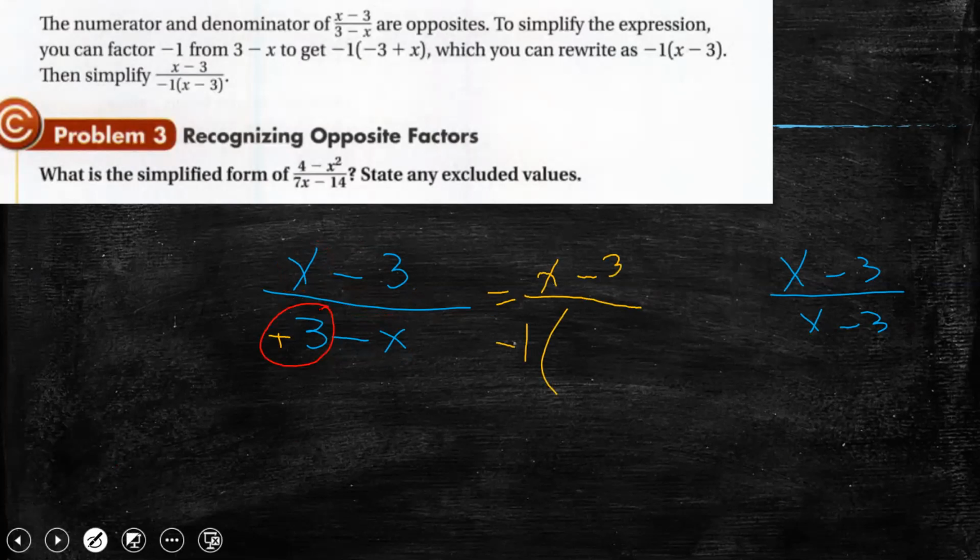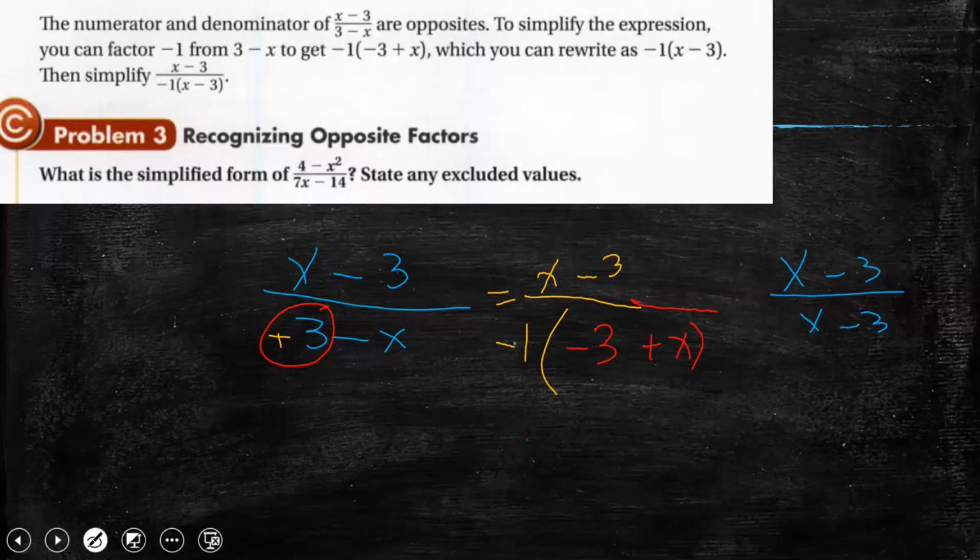What did you have? Negative 3. And negative x divided by negative 1, you have positive x. Bravo. So, as I told you, since the variable and the number have opposite signs, I can simplify them. Both of them must be opposite.